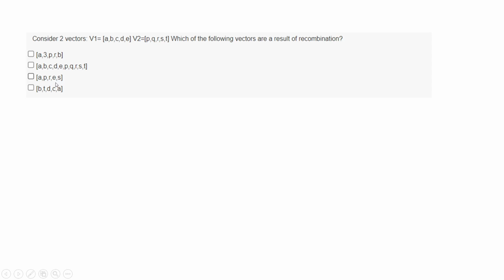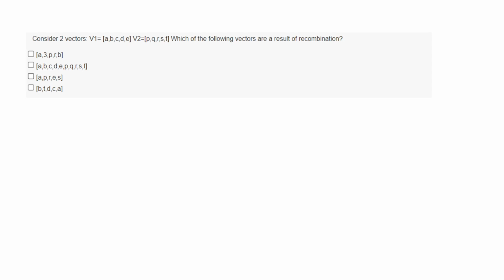Okay, E is there, D has been swapped out by R. Okay, B and B. Okay, C and R, and D has been swapped out by S. E is still there. So the third one is a possibility. Let's say the fourth one.